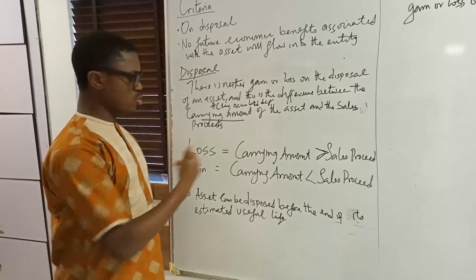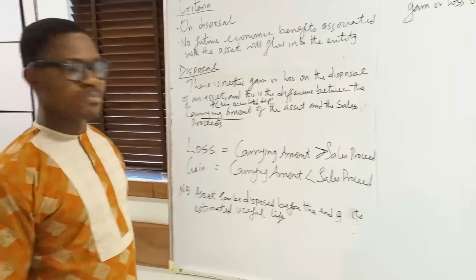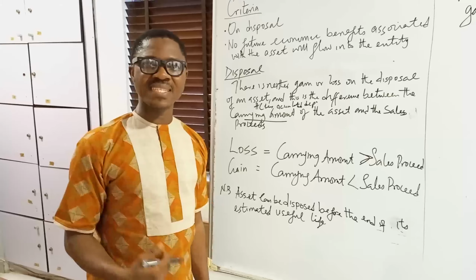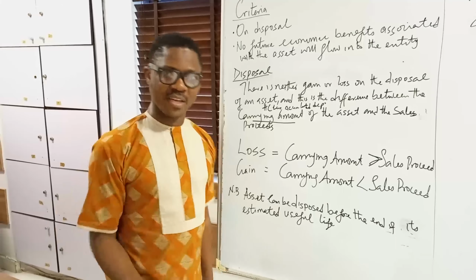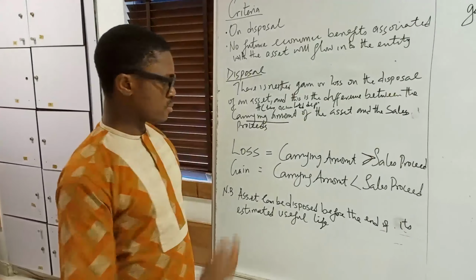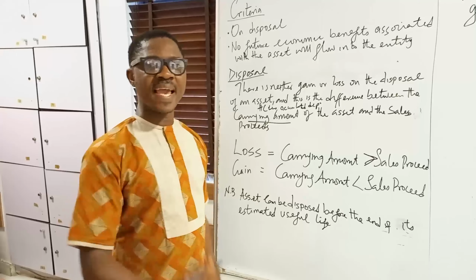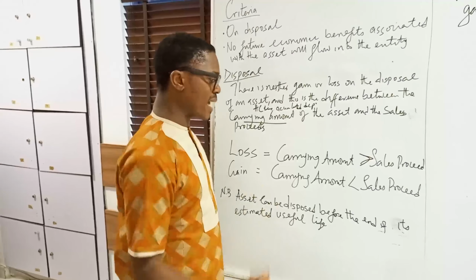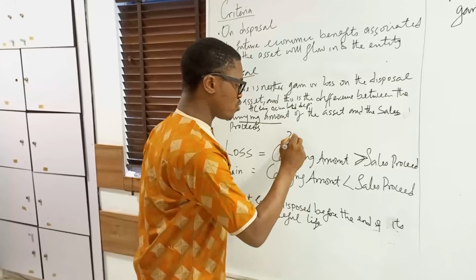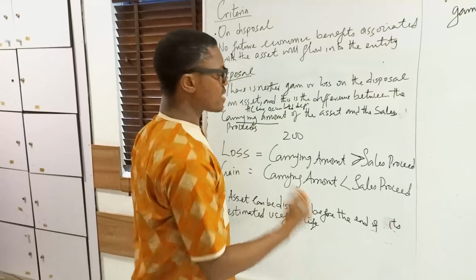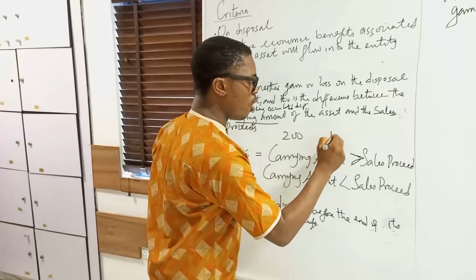Now, what is loss on disposal? Loss on disposal simply means that the carrying amount of the asset is greater than the sales value. Say for example, an asset is sold in year X1. The carrying amount of that asset in year X1 is 200 naira, while the sales proceed is 100 naira.